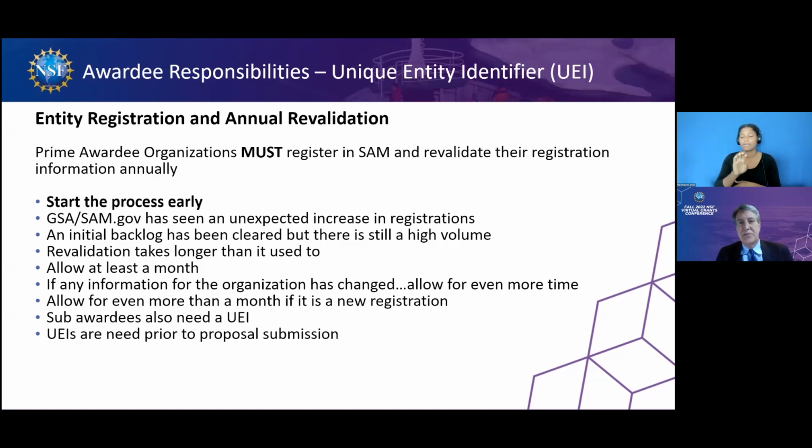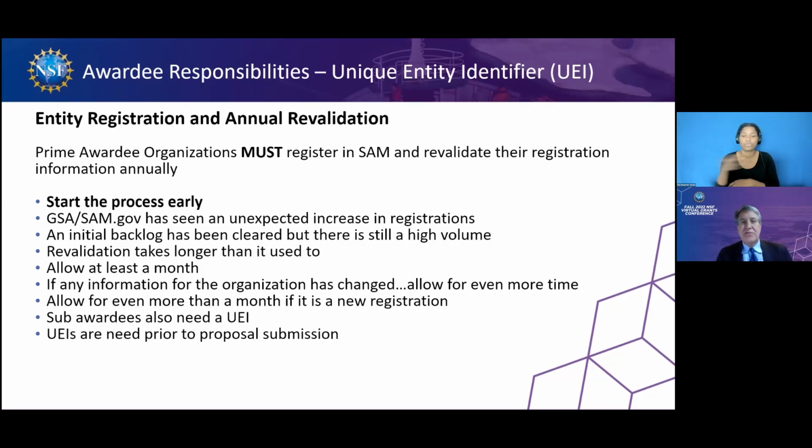There's a process to do that, but you must have that UEI. Prime awardees, to get that award, you need to register and go through an entity validation and, again, get that UEI. Okay, so the main takeaway from this slide is to start this process early. As some of you may be aware, if you go out to the SAM.gov website, they have experienced a delay. They have experienced a backlog.